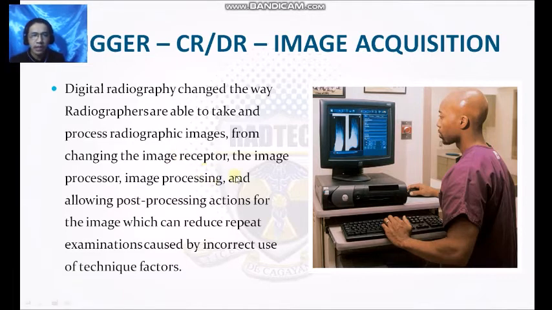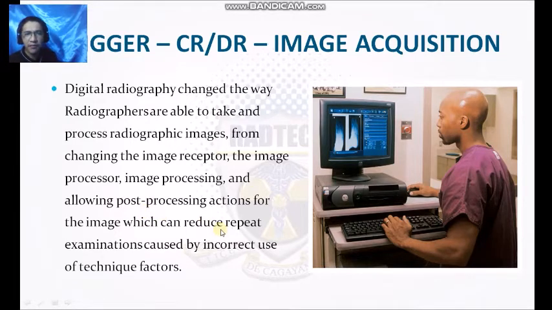The image receptor has also been changed because of the absence of the X-ray film. So we need another type of processor in order for us to process our image receptor, and of course to process the images that we have taken from our patient. And because the images are already stored in the computer, and computers allow us to manipulate images, that's why we have post-processing actions.